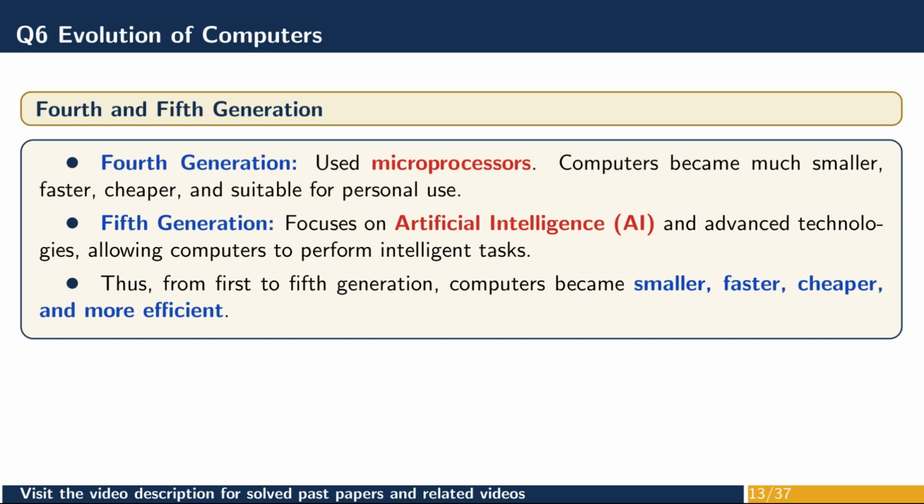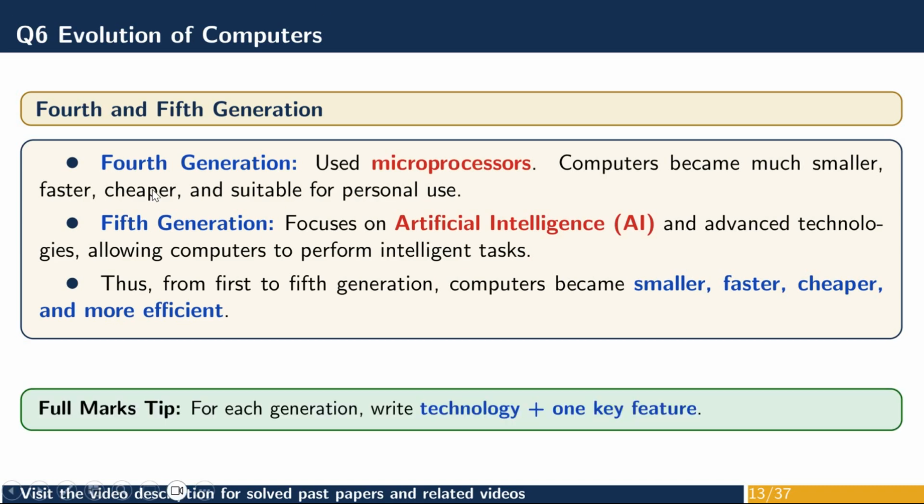Thus, from first to fifth generation, computers became smaller, faster, cheaper, and more efficient. How to get full marks for each generation? Write technology plus one key feature.